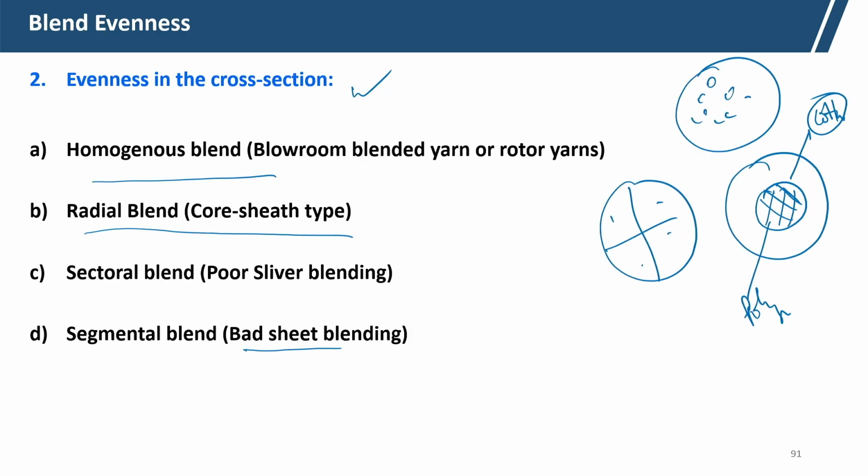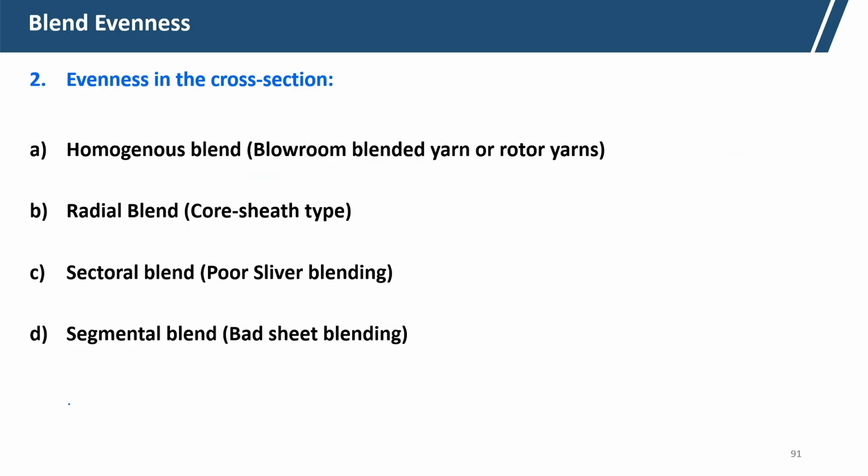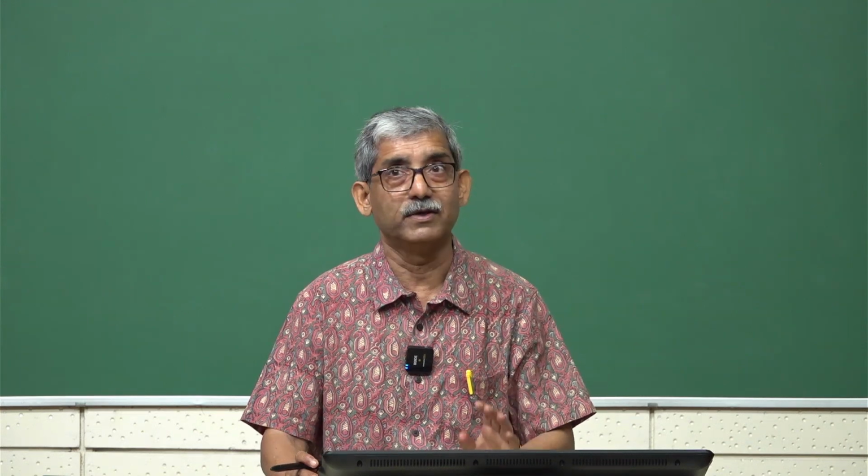All these types of blend or blend unevenness we can achieve with different processes. Now, let us discuss the different processes through which we achieve these different types of blend evenness or unevenness.